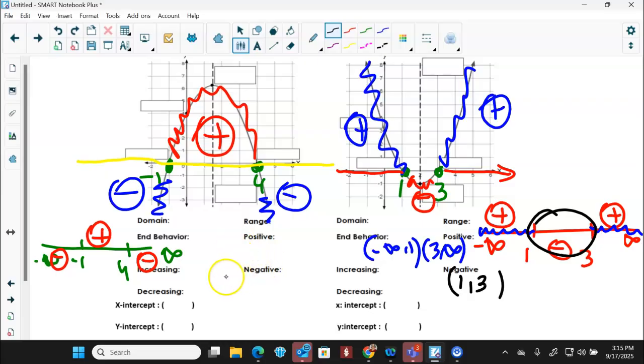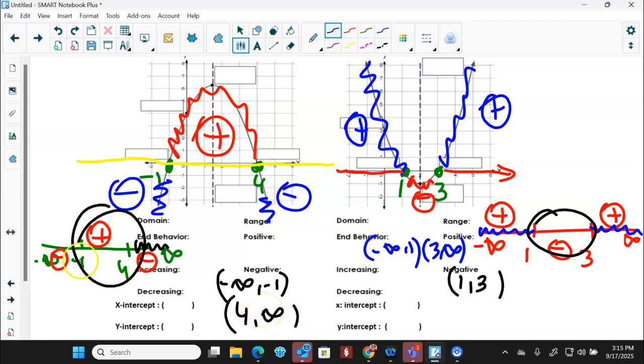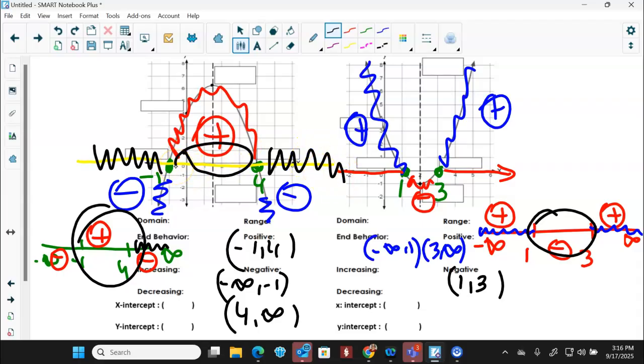Negative is between negative infinity and -1, and then again from 4 to infinity. Positive is between these 2 points, -1 and 4, okay? So once again, this is negative, this is negative, this is positive, okay? You're always reading it on the x-axis, okay? So again, hold that if you need to write it down.